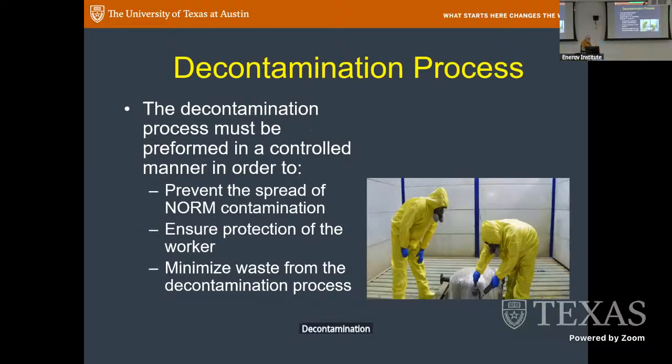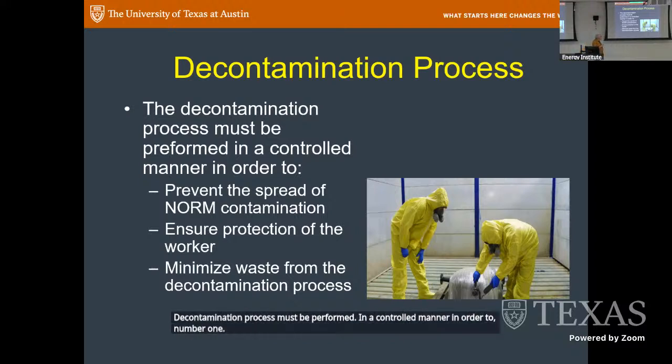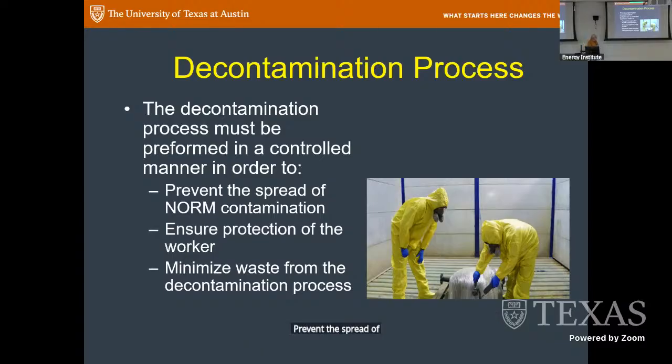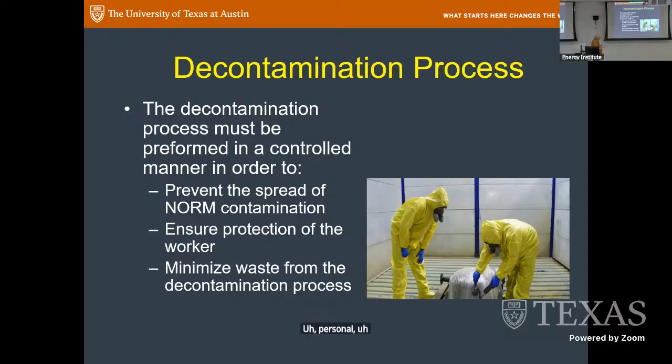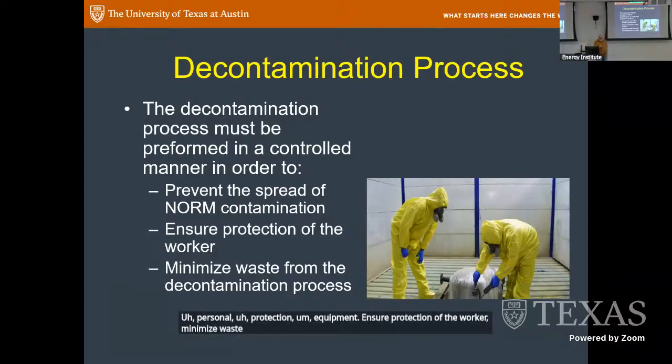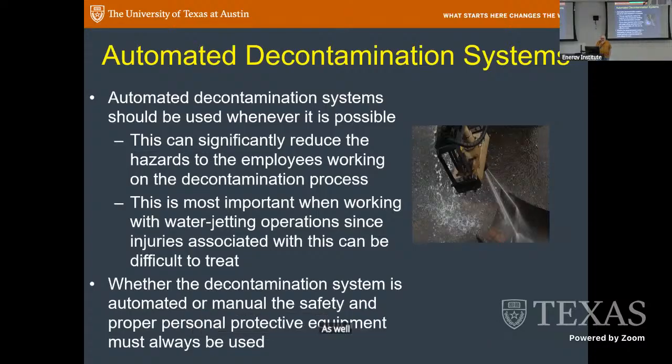Decontamination must be performed in a controlled manner in order to, number one, prevent the spread of NORM contamination. And you can see a lot of people use personal protection equipment, to ensure protection of the worker and minimize waste from the decontamination process as well. There are some automated decontamination systems, and these systems should be used wherever it is possible. This can significantly reduce the hazards to the employees.